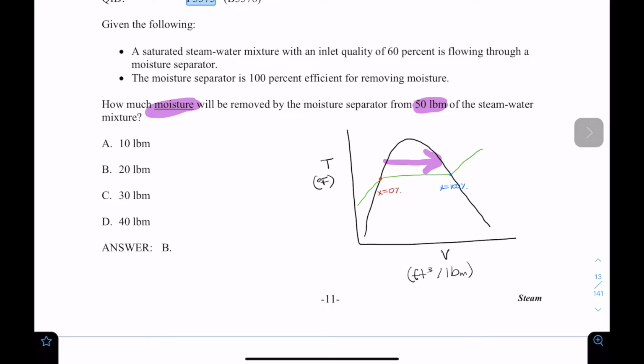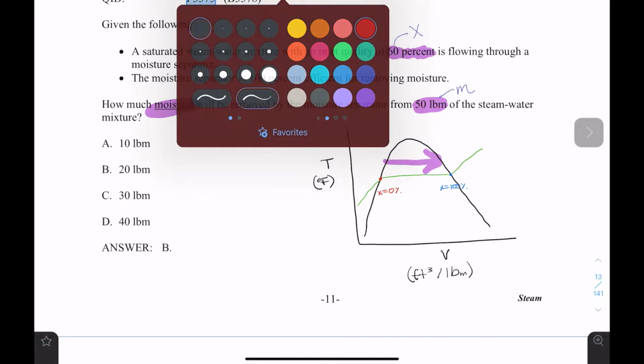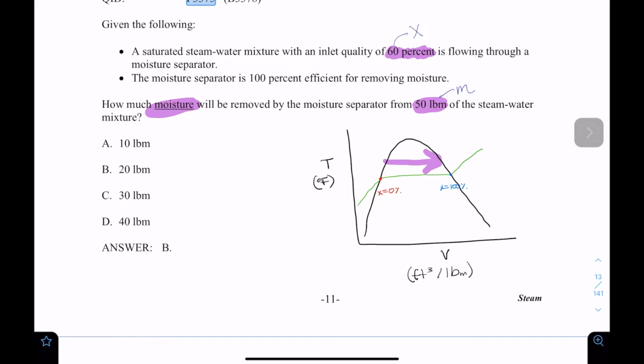So we're given mass. We're given a quality here, 60%. So now what formula can I use?